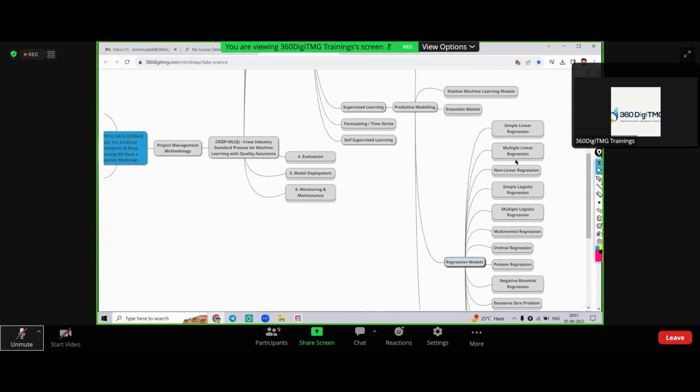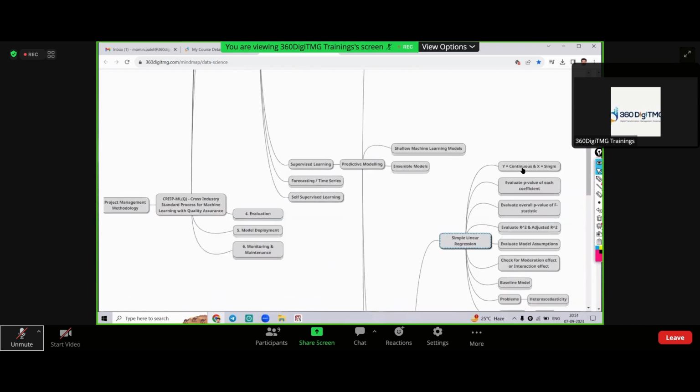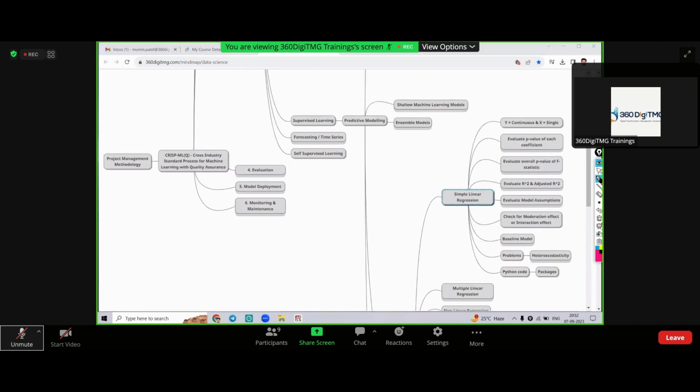The very first is simple linear regression. In simple linear regression, we have y which is continuous and x which is a single variable. You will have data with only x and y, no x1, x2, x3, just x and y. One variable, one input, one output. That is called simple linear regression.